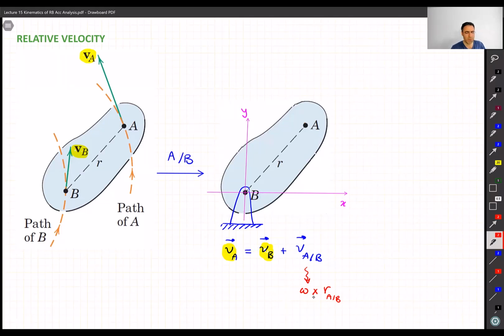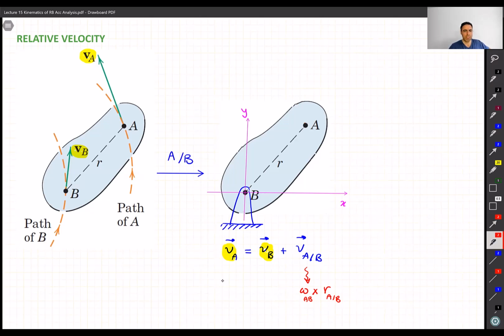And omega, because we are going to have in a mechanism many other omegas, maybe. So why not write it as omega AB? And when we write omega AB, it means that we draw a line between A and B, and this line is rotating with an omega. We call it omega AB. This is what you saw last day.